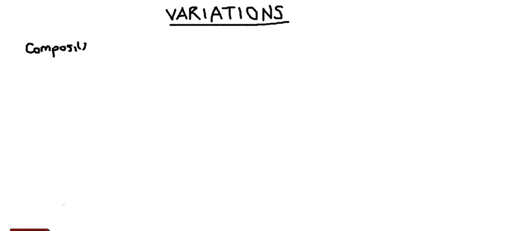So composite variations, this is just terminology to mean that you have within one situation both the direct and indirect variation. Then we're also going to look at how variations can be interpreted graphically.